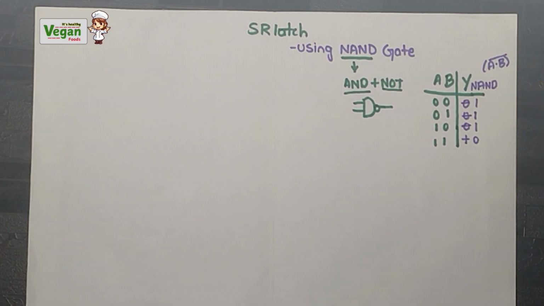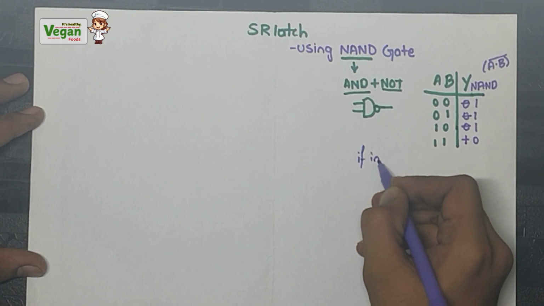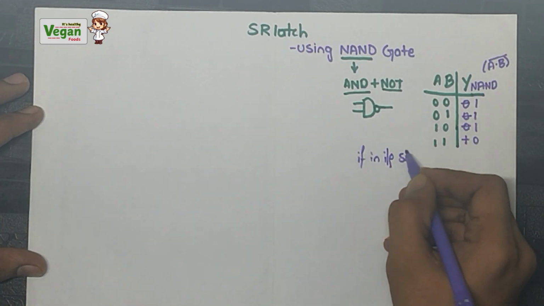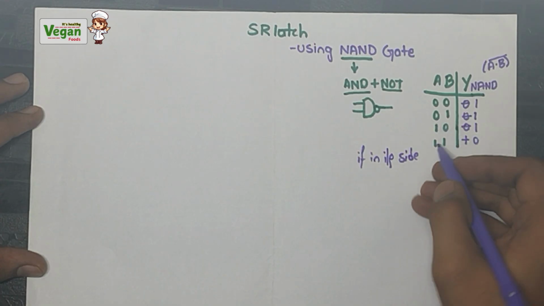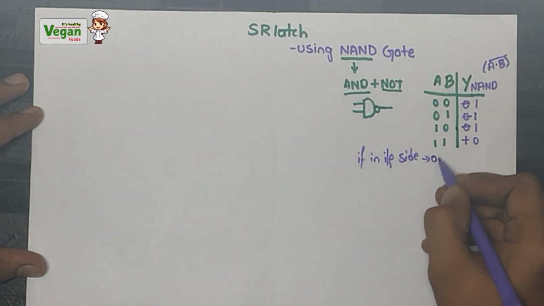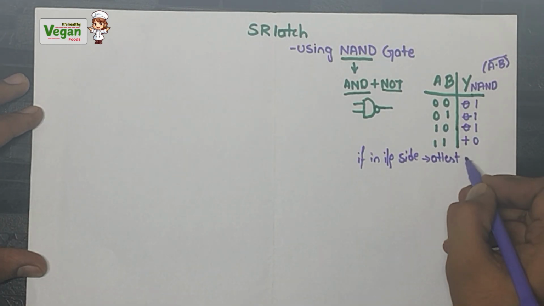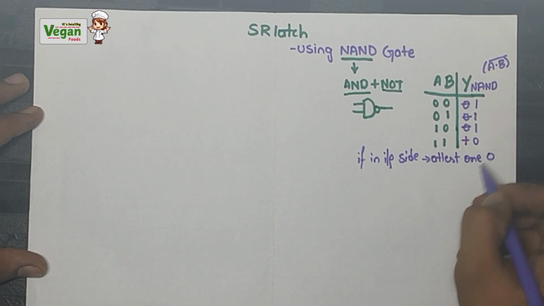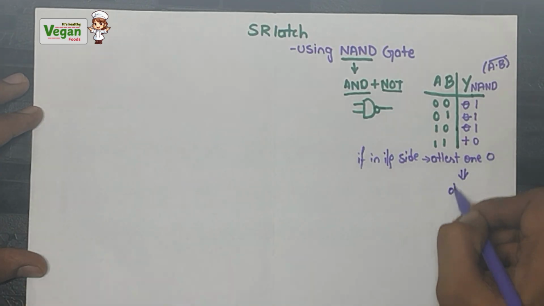Using this truth table of the NAND gate, we can come to a conclusion that if on the input side, within these two inputs, we have at least one zero, then the output will be equal to 1.